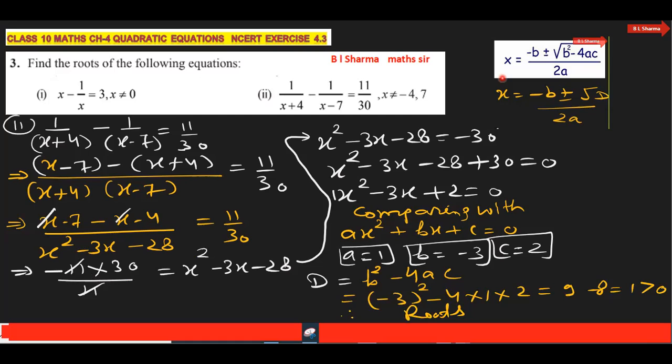Therefore रूट्स जब डिस्क्रिमिनेंट 0 से बड़ा होता है, ग्रेटर देन 0 होता है, पॉजिटिव होता है, तो रूट्स कैसे होते हैं? रूट्स आर रियल एंड डिस्टिंक्ट, मींस डिफरेंट, दो रूट होंगे और दोनों अलग अलग होंगे.